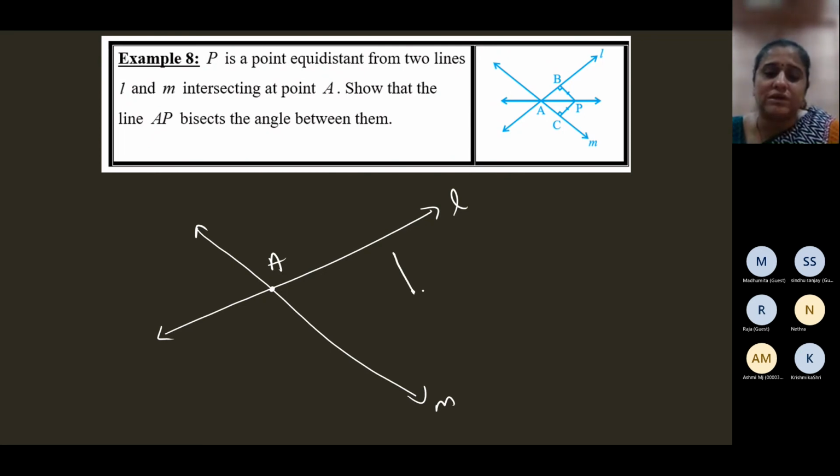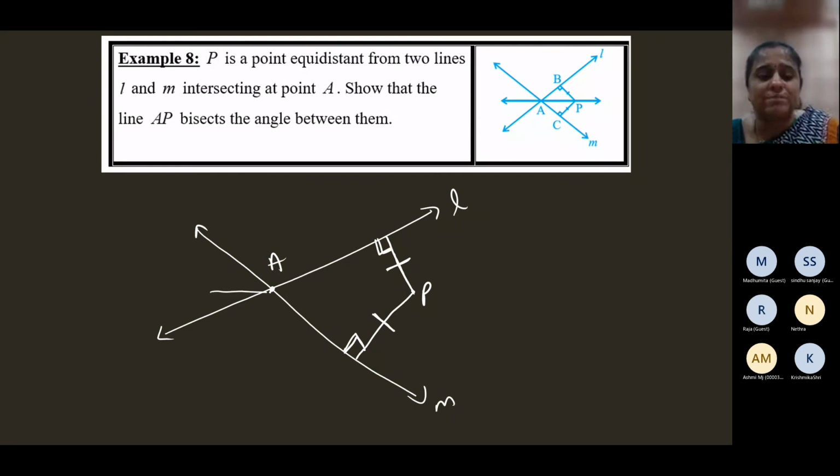So this is P. P to L, perpendicular distance. P to M, perpendicular distance. These two distances are the same, P is equidistant. And since they are perpendicular distances, it is 90 degrees.